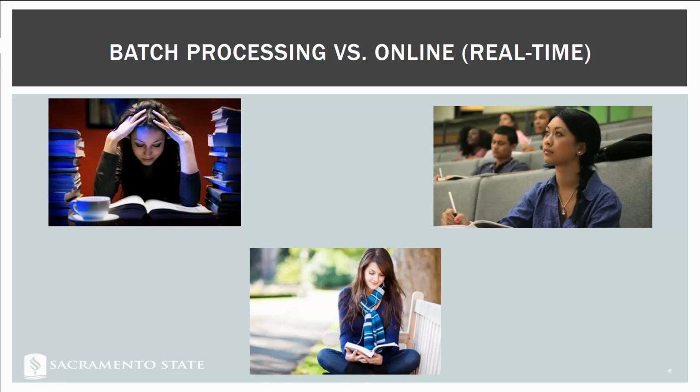If so, that's kind of an online processing of studying, or real-time processing. Or are you a student who kind of puts off the studying until right before the exam and then does all of your studying all at once? That's more of a batch processing.